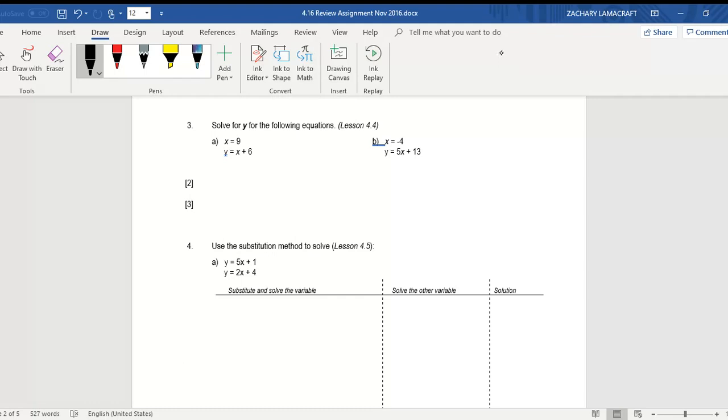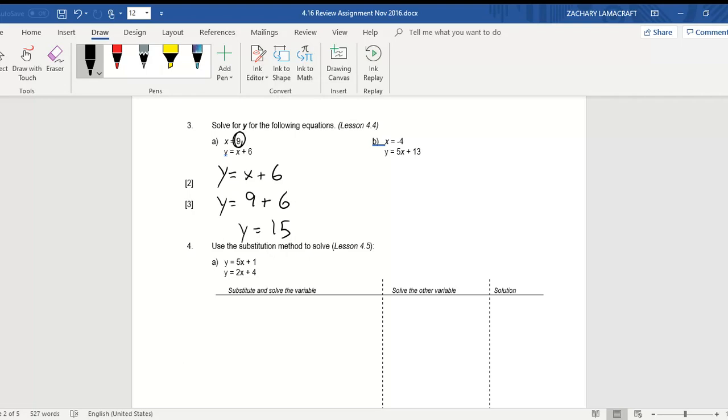So we have x is equal to something. This is pretty straightforward. We have y equals x plus 6. We know that x is equal to 9, so we would just sub that in. 9 plus 6 being 15. Pretty straightforward.